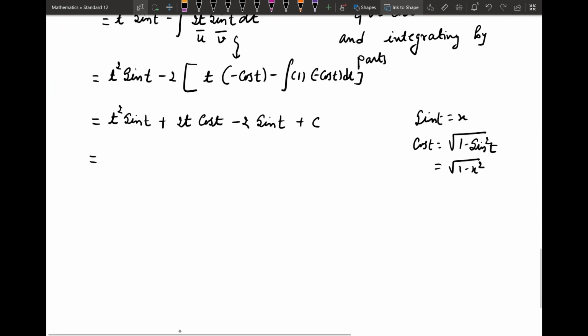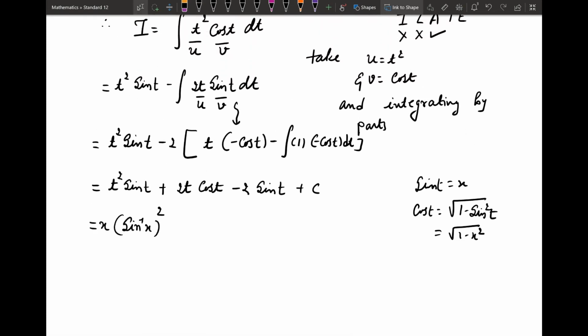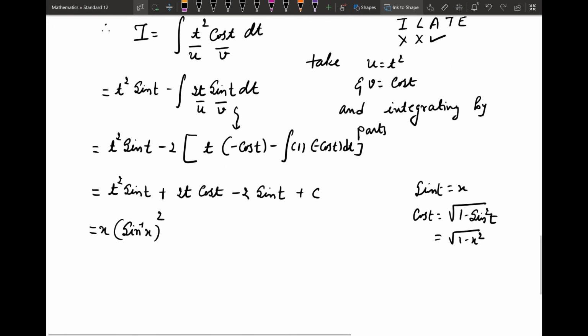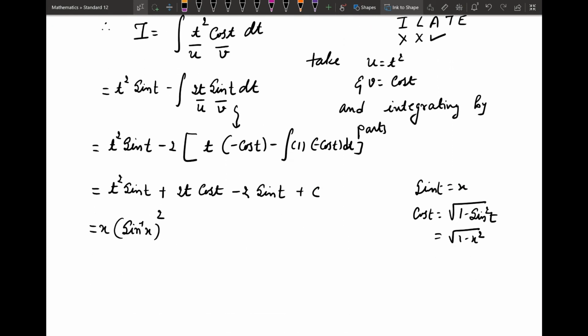So t square, that is sin inverse x whole square, sin t, that is x. So x into sin inverse x whole square, plus, this is minus u in u v1 minus u dash, integration of sin t. So this is minus minus plus.